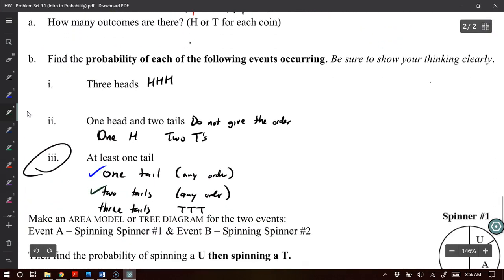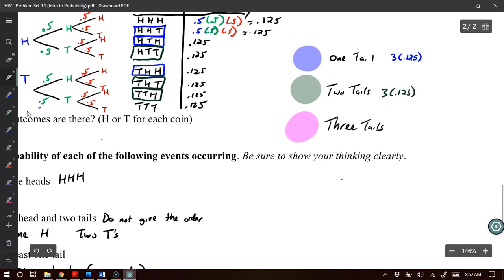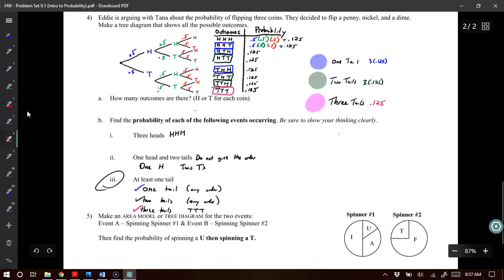And then I want the probability of 3 tails. We'll do pink for that one. Well, there's only one way for that outcome to work. It's right here, boom, 3 tails, and that's 0.125. So I can add all those numbers together.